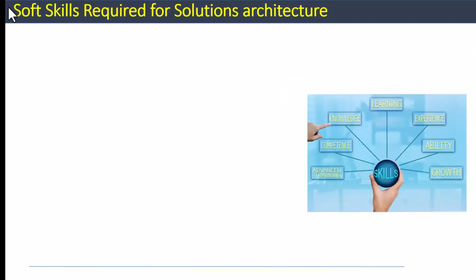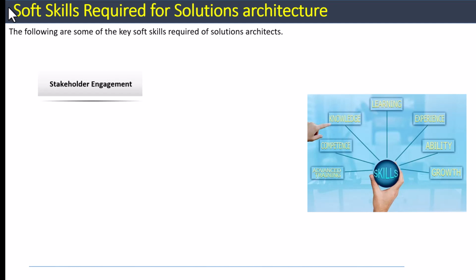In this slide, we will cover some of the soft skills which are critical for solutions architects to have. So it's not just about having the technical and functional skills that we covered earlier, but also these soft skills are of importance as well. Let's cover some of them here. First is stakeholder engagement.